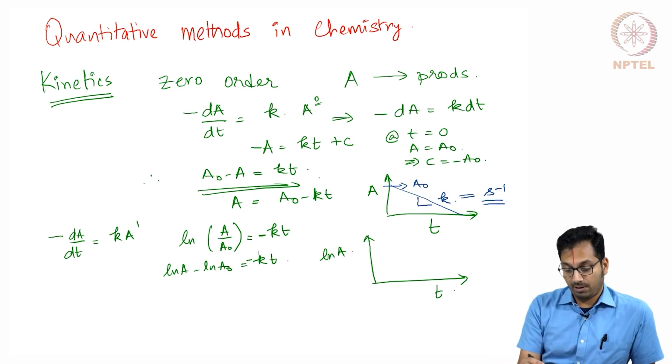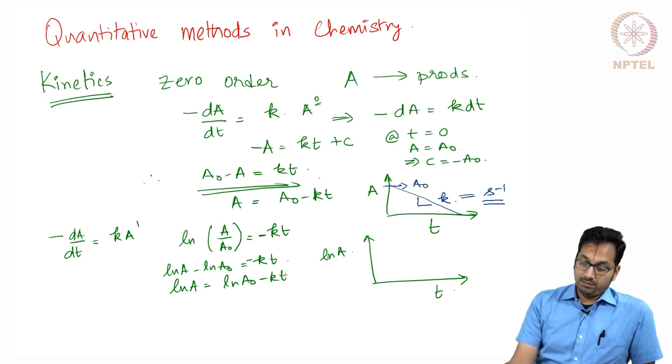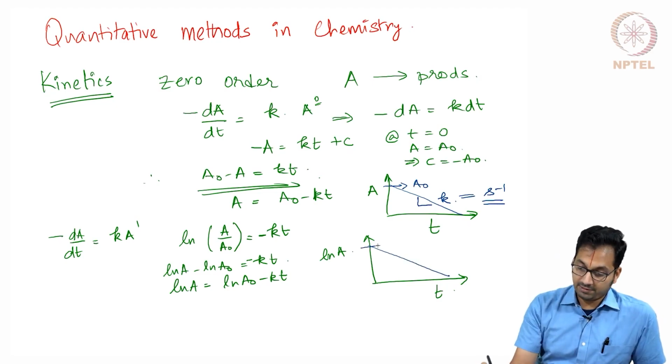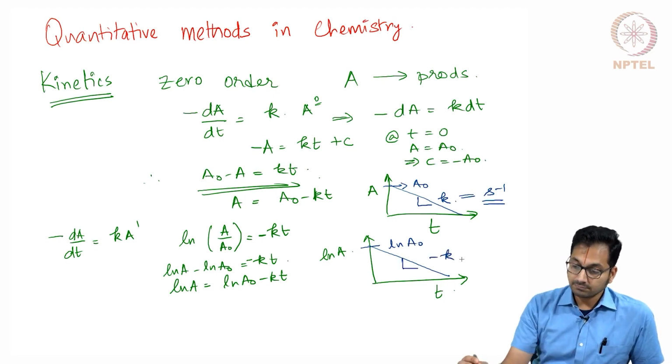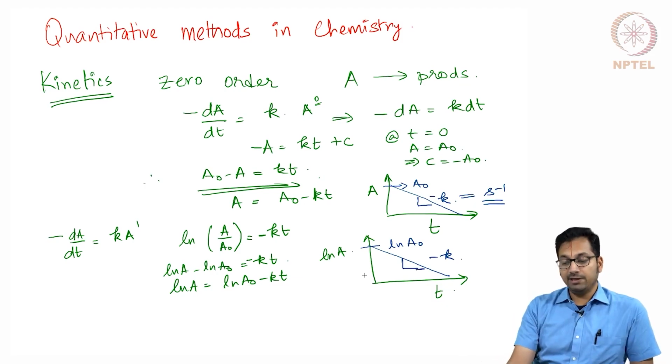Okay, so what will end up happening? Ln of A is going to be equal to ln of A naught minus kt. So once again you are going to have a straight line whose intercept is ln of A naught at t equal to 0, and the slope is minus k. So you would be able to determine the same with the linearized plot.